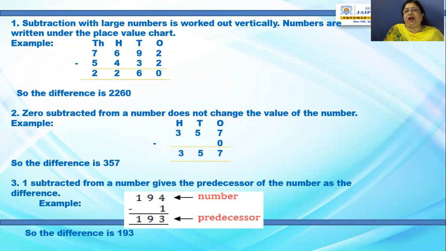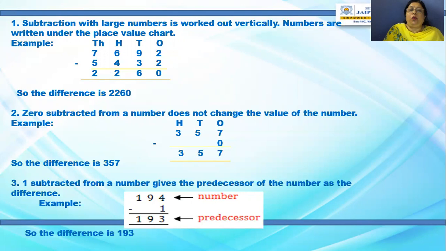For example, we have a number 357. When we subtract 0 from 357, we get the same number as the difference. That means when 0 is subtracted from any number, we get the same number as the answer.